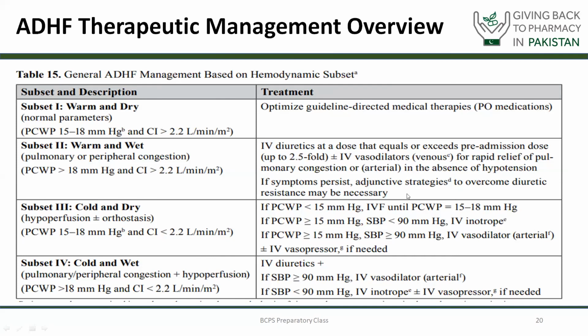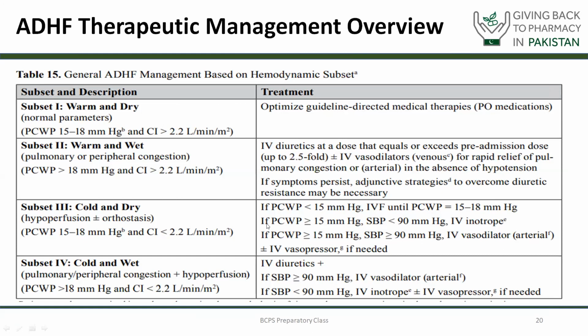You will have to give volume, because the PCWP should be greater than 15 at least. So you will give volume until the PCWP is from 15 to 18.